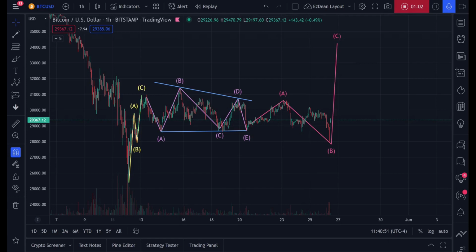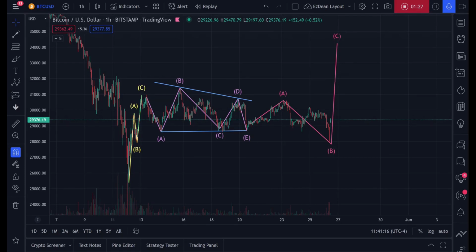And over the course of my career trading and charting tens of thousands of hours, I've noticed that any major trend reversal has to put in a version of this reversal pattern, okay? And it's not always a flat correction. It's not always a triangle correction in the B spot, but all I'm saying is it is a version of this.